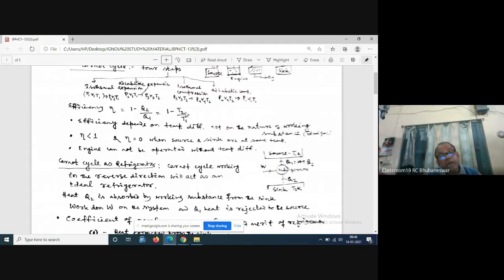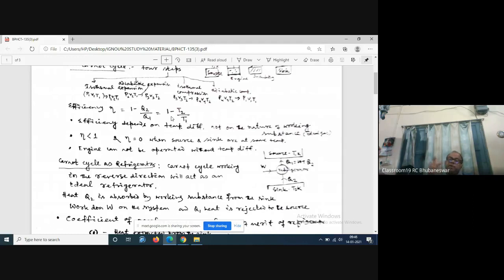Theoretically we can think of 100% efficiency, but practically this is not possible. Now see, if efficiency is 1 then it requires absolute 0, and since absolute 0 is not possible, efficiency cannot be 1. It is less than 1.